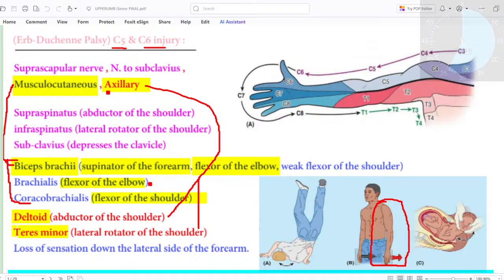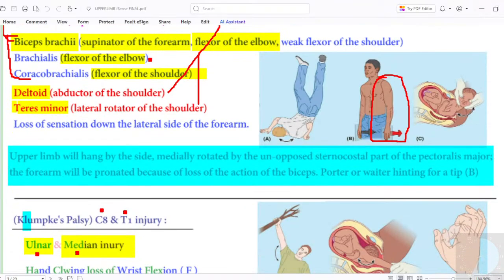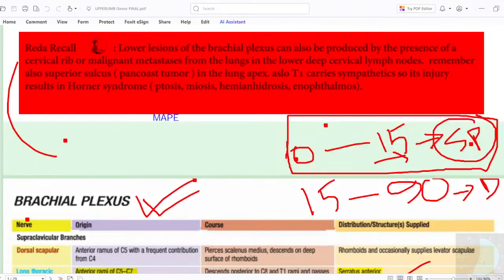C5, C6. Axillary nerve supplies which muscles? The axillary nerve supplies deltoid and teres minor.